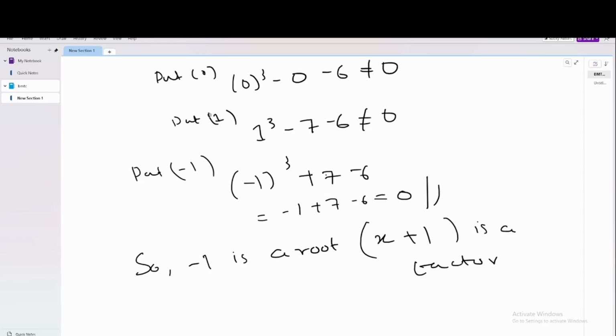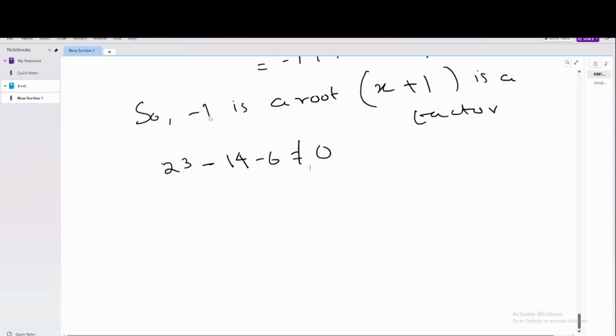Now check for 2. 2 cube minus 14 minus 6, which is not equal to 0. Now put minus 2.